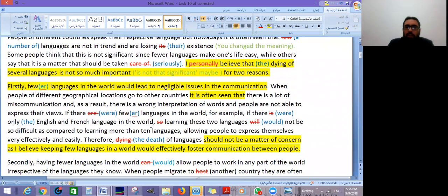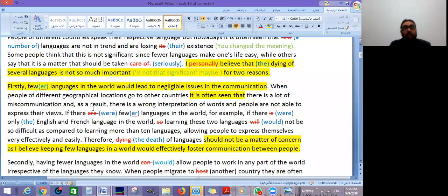So you believe that it's not significant. So firstly, few, I said, first of all, it's like something like a negative thing, but here we're saying fewer languages than we have now in the world would lead to. So here we're imagining the situation that there are fewer languages.